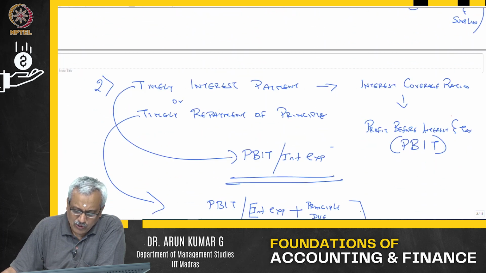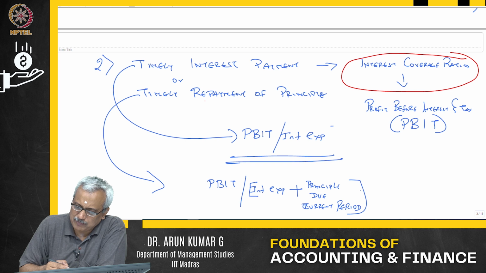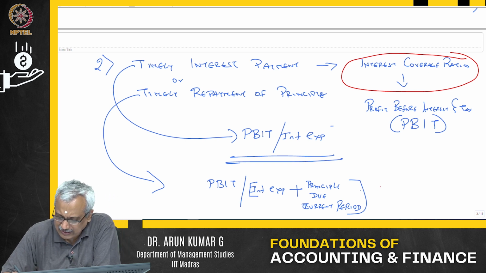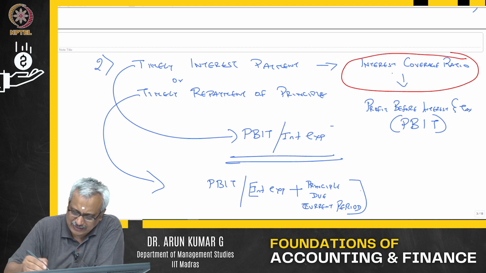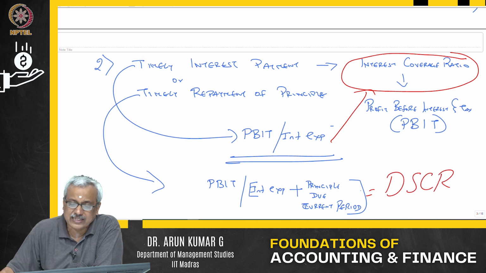Then I moved to the interest coverage and the timely repayment of principal. This is what we call the interest coverage ratio, and this is what we call DSCR, debt service coverage ratio.